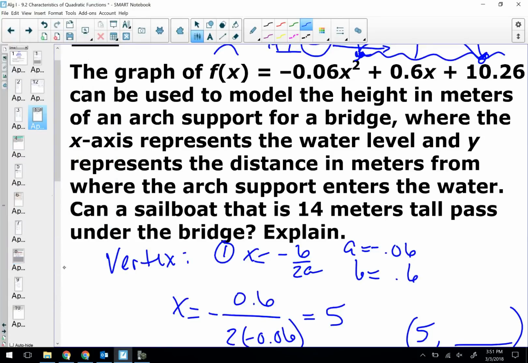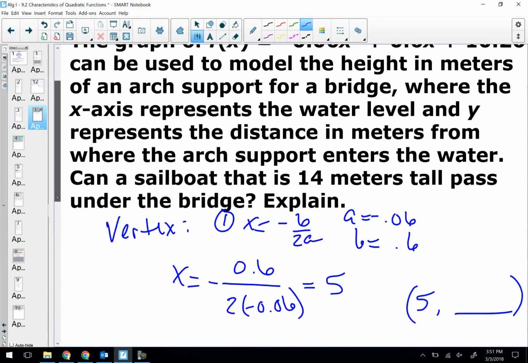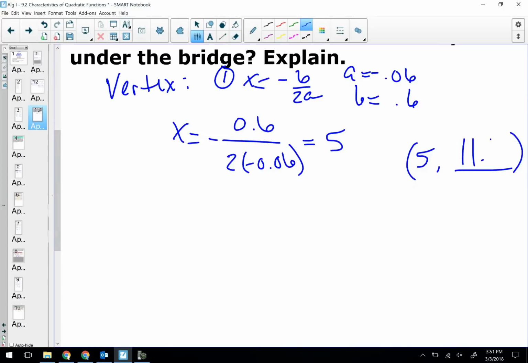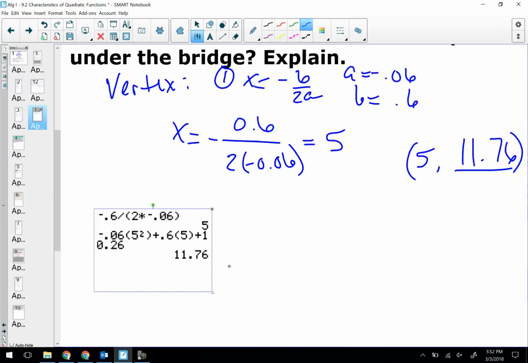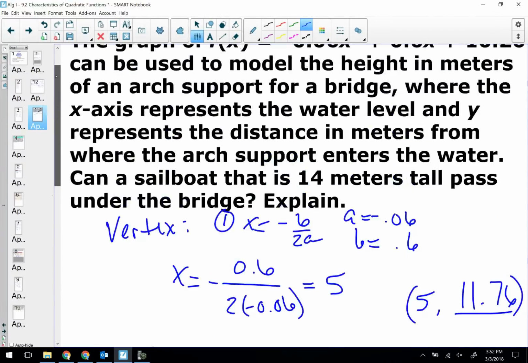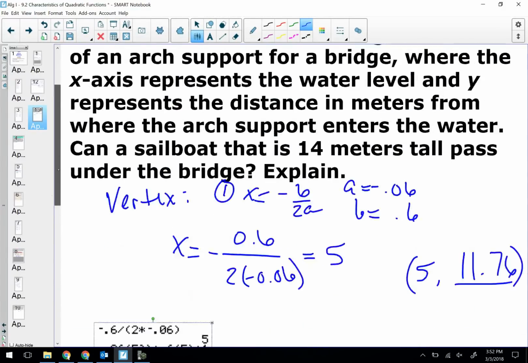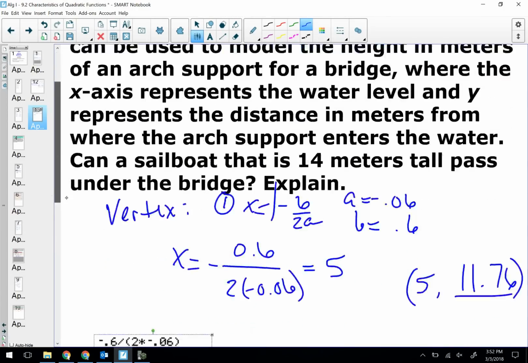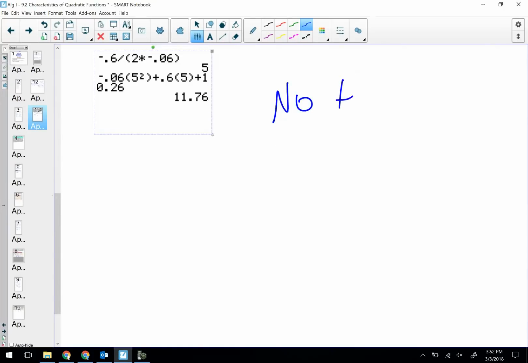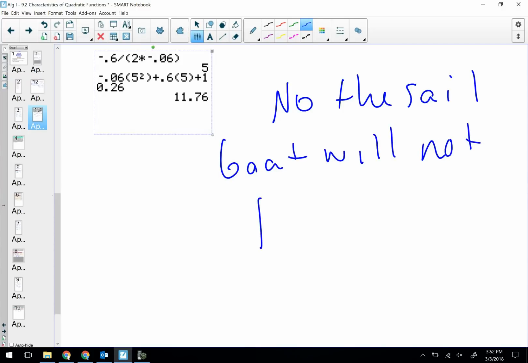So we got 11.76, because we plugged that in, right? Now, can my 14-meter sailboat fit through? Uh-oh. No. The sailboat will not fit. It's about a little over 2 meters short.